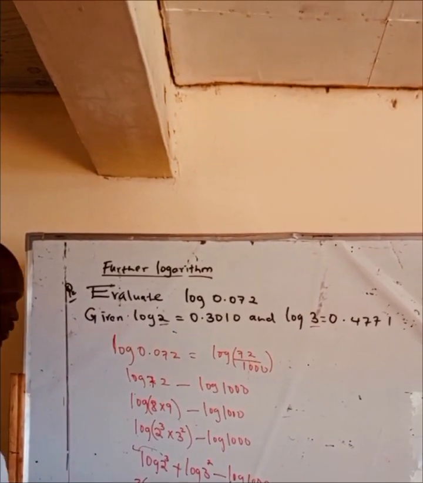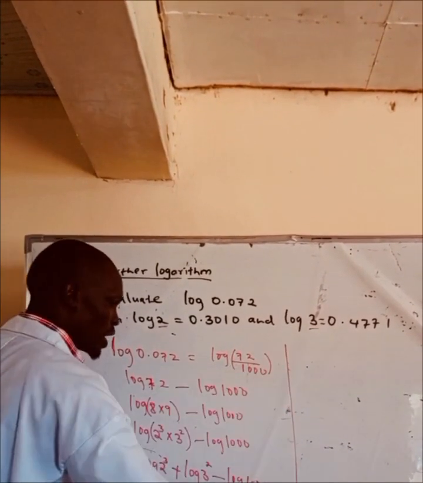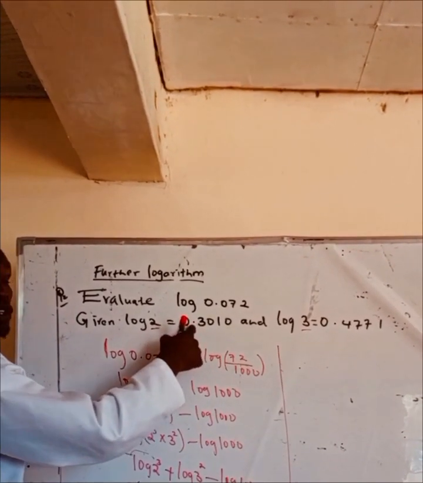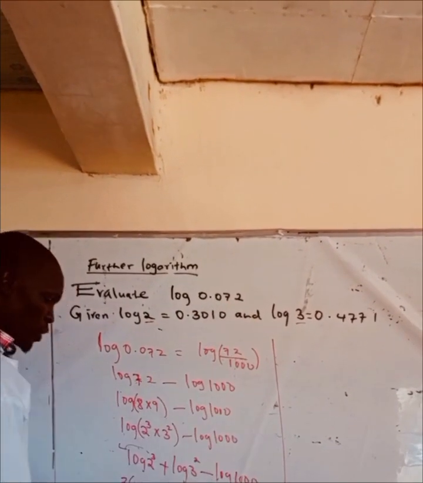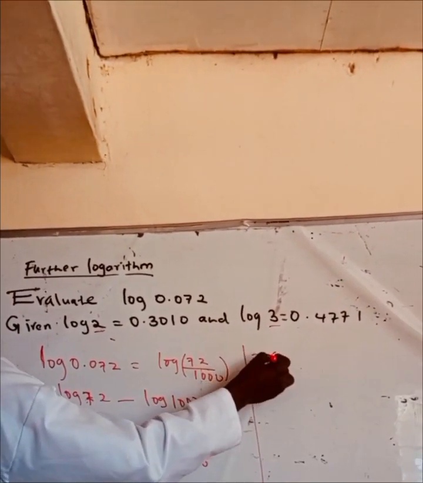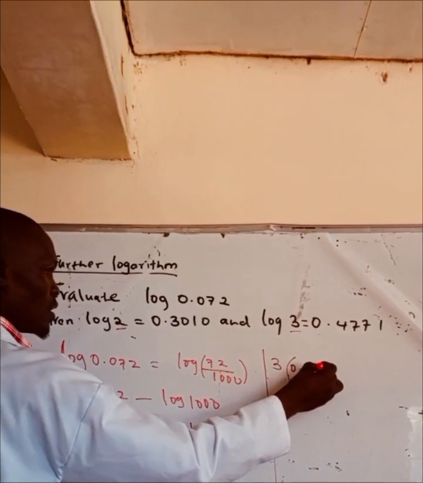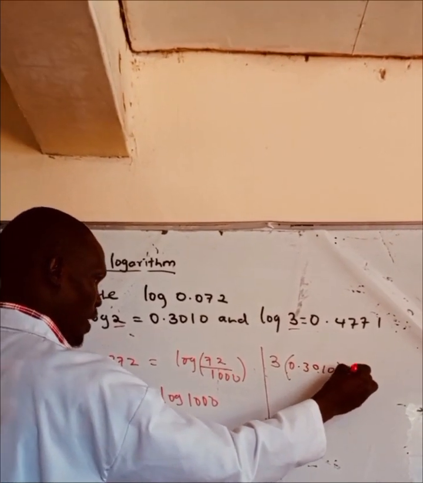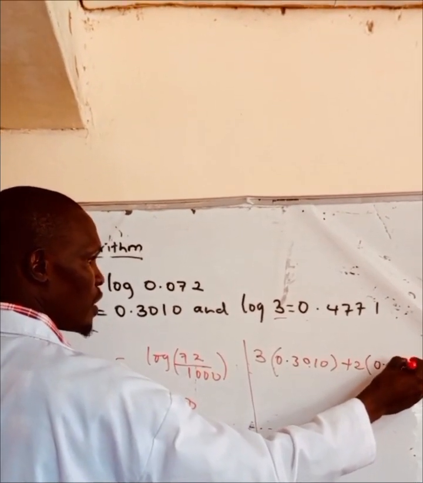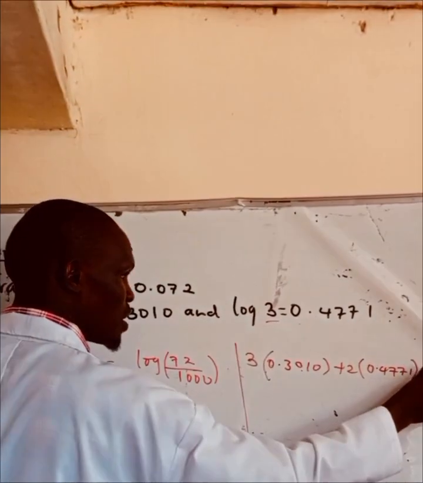But we have been given the logs of 2 and 3, so we can lift these from the question. So log 2 is the same as 0.3010. So our workings are 3 into 0.3010, and then plus 2 times 0.4771, then minus 3.